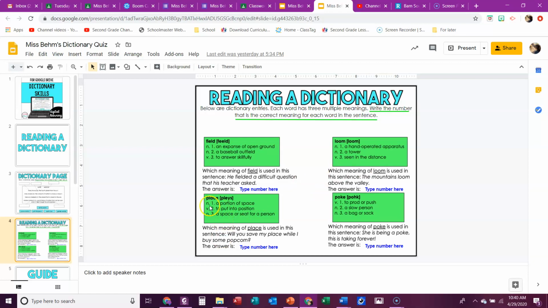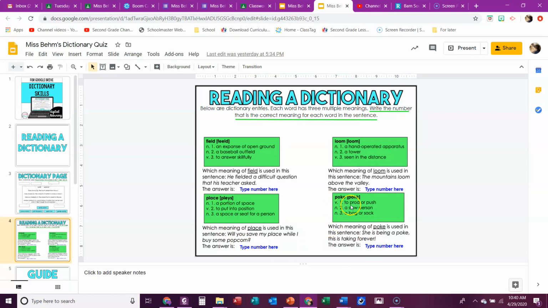The next one is place. 1 is a portion of space. 2 is to put in position, so you place something down. Number 3 is a space or seat for a person. Which meaning of place is used in this sentence? Will you save my place while I buy some popcorn? So does 1, 2, or 3 make sense? And number 4, poke.